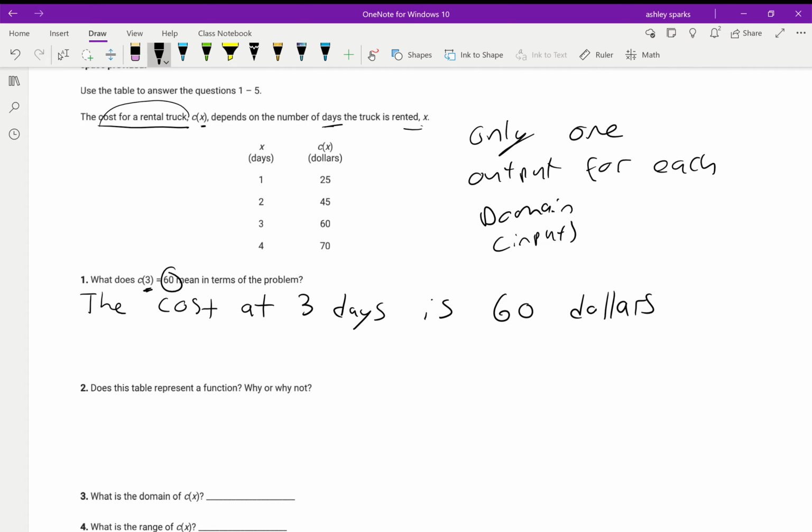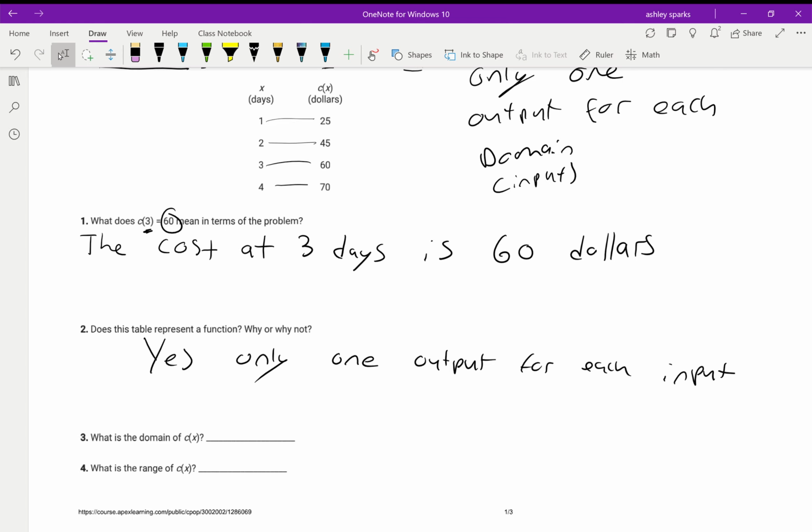So I see 1 going only to 25, 2 going only to 45, 3 only to 60, and 4 only to 70. So is this a function? Yes. Only one output for each input. That means it is a function.